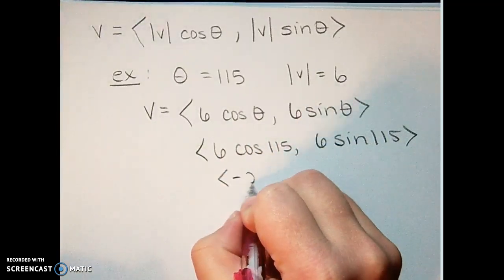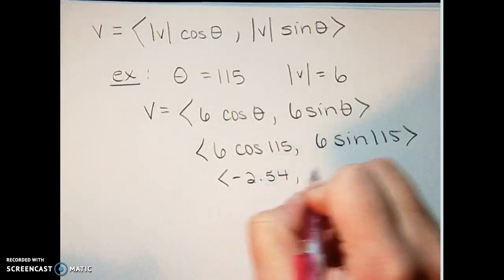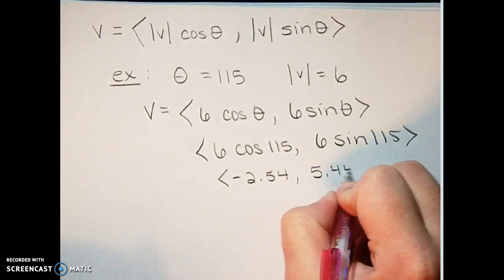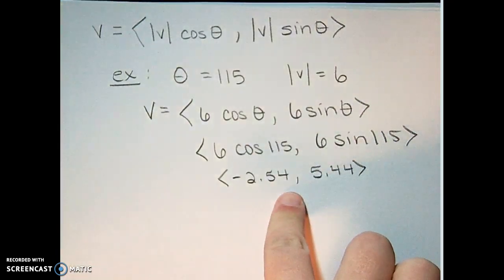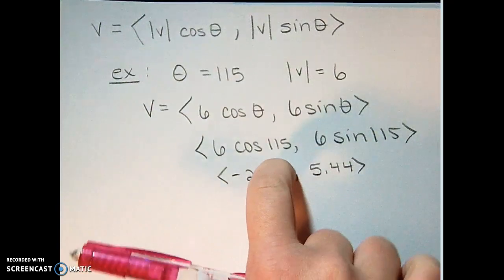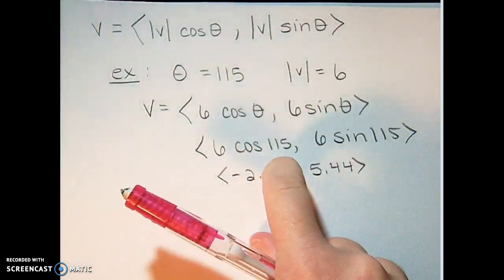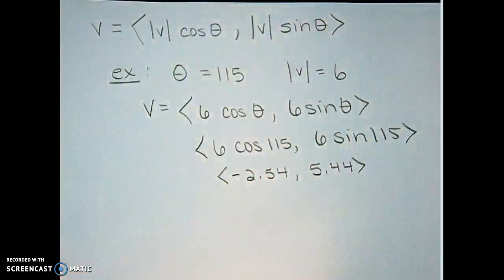That would give us negative 2.54 and 5.44. So this is in Q2, obviously, because the direction angle is 115, and that is in quadrant 2, and our ordered pair correlates with that.